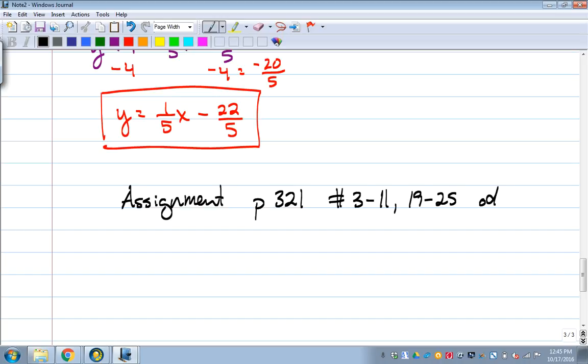And we'll just do the odds on that. It's about 10 problems. The first half there is parallel. The second half is perpendicular. Okay. Doing odd on all of those.